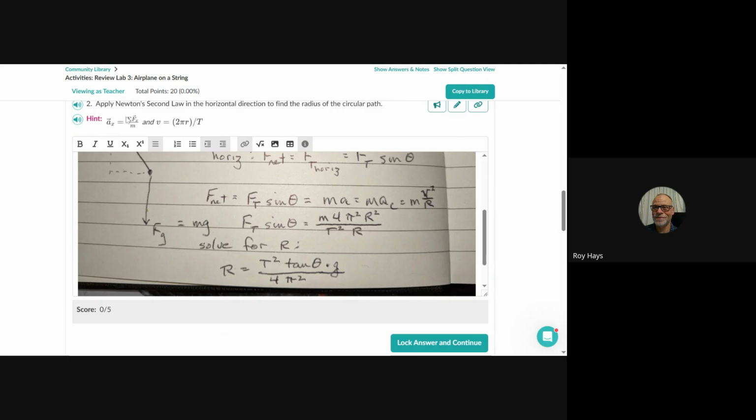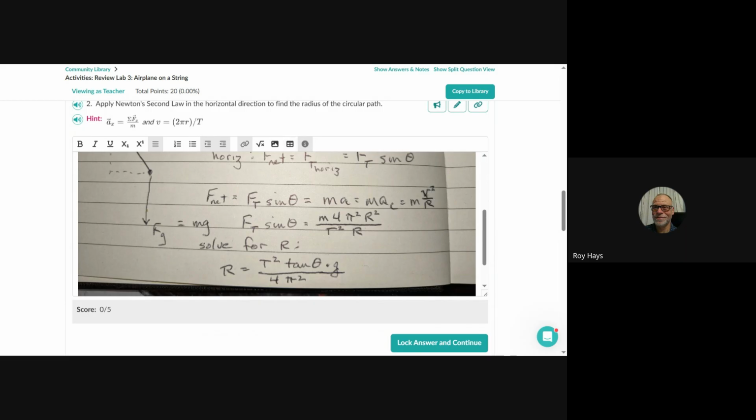And here the problem gives you the hint that this tangential velocity is 2 pi r, the circumference, the distance that the plane travels, divided by the period, capital T, that it takes to traverse that distance. Looking again at the net force statement, the net force horizontally is the tension times the sine of the angle, which is equal to mass times centripetal acceleration.